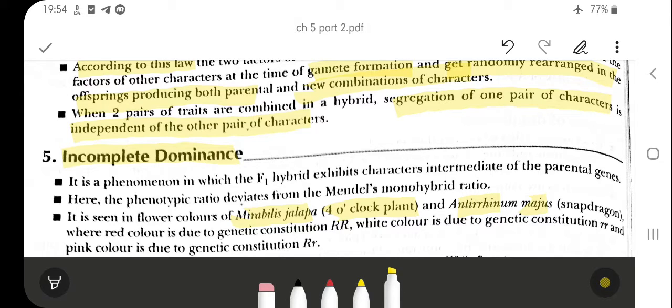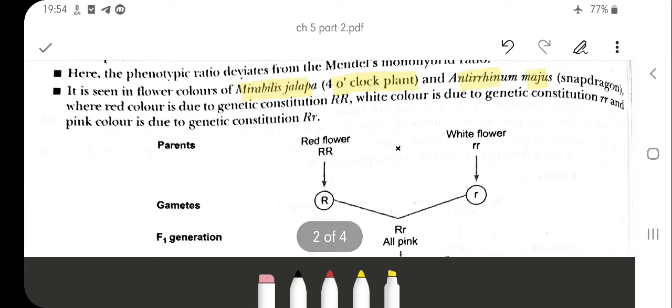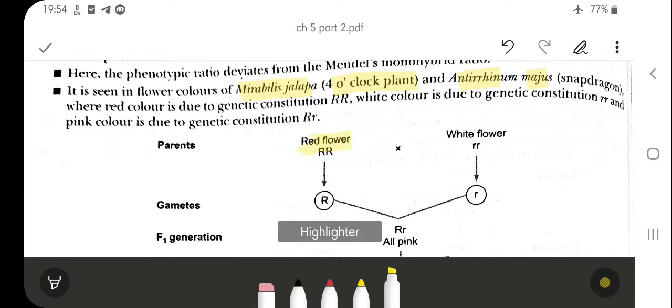We have a flower in which the flower color is white and red, and red is dominant over white. A red flower is crossed with a white flower, and in the F1 generation, according to Mendel, it should be red because red is dominant.